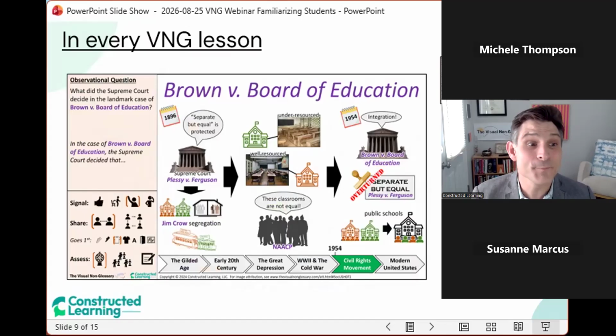I'm just throwing it out there for you. You might want to have a separate deck for teachers and make a big slide for just the pink left column, and that should be what teachers could work from as they develop familiarity with using the VNG slides. It's too much on one slide.